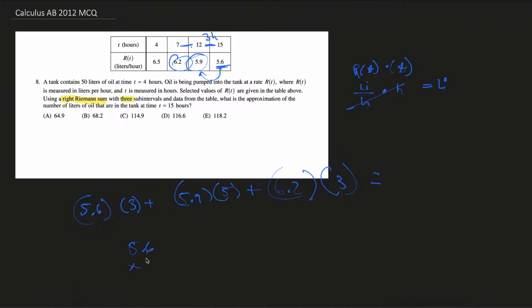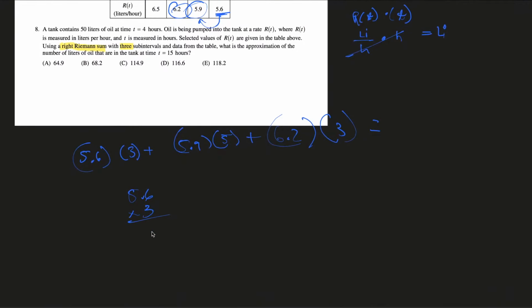5.6 times 3: 6 times 3 is 18, 5 times 3 is 15 plus 1 is 16.8. So this is 16.8 plus 5.9 times 5. 5 nines are 45, 5 times 5 is 25 plus 4 is 29.5. Then 6.2 times 3: 3 times 2 is 6, 3 times 6 is 18, so that's 18.6.